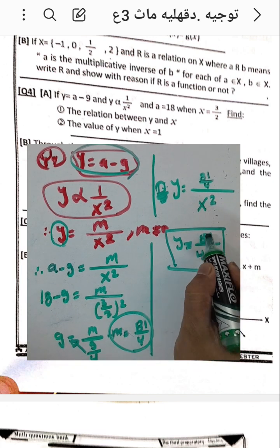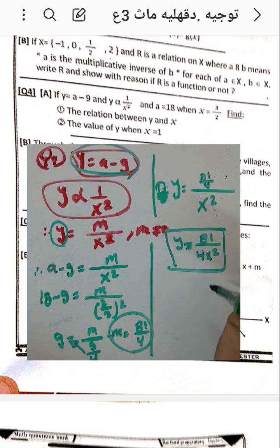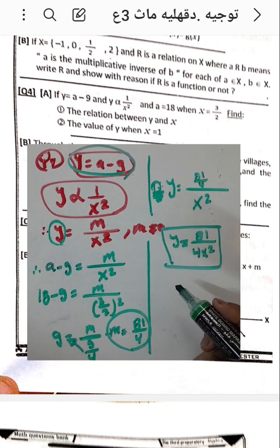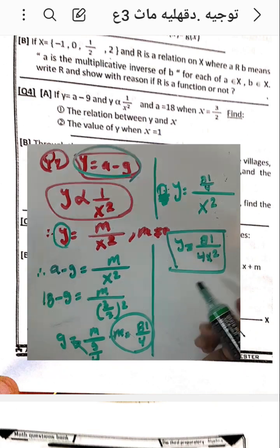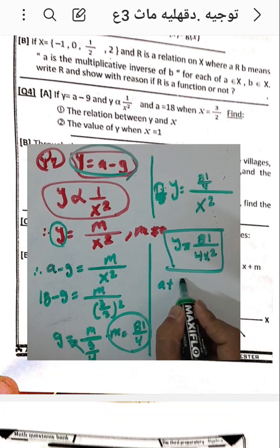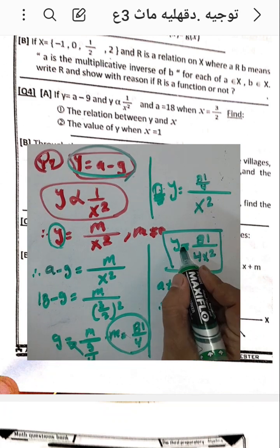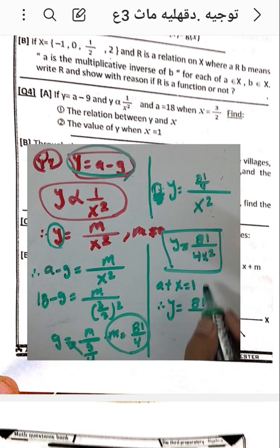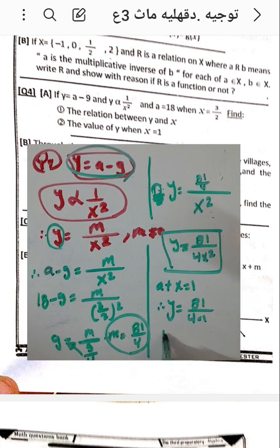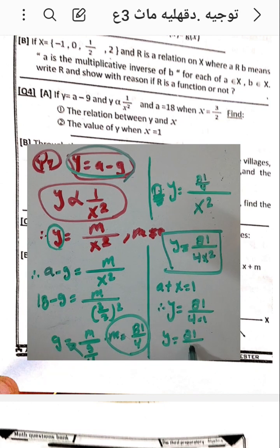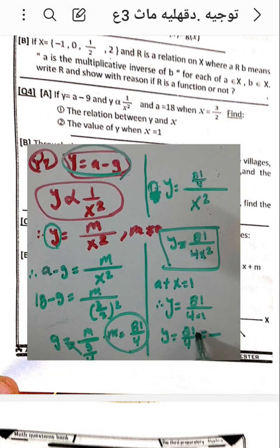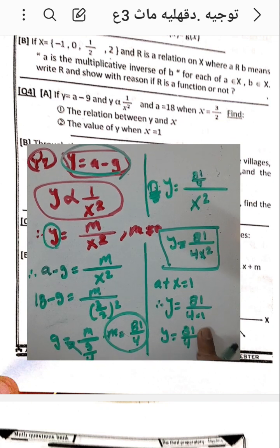Then the value of y when x equals 1: y will be 81 over 4 times 1, then 81 over 4. Can we simplify it? No, it's the simplest form.